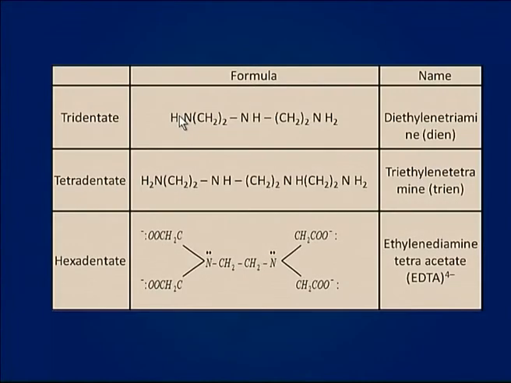Here is a tridentate ligand, diethylene triamine, abbreviated as DIEN. Here are 3 lone pairs at 3 nitrogens. An example of tetradentate ligand is triethylene tetraamine, abbreviated as TRIEN.